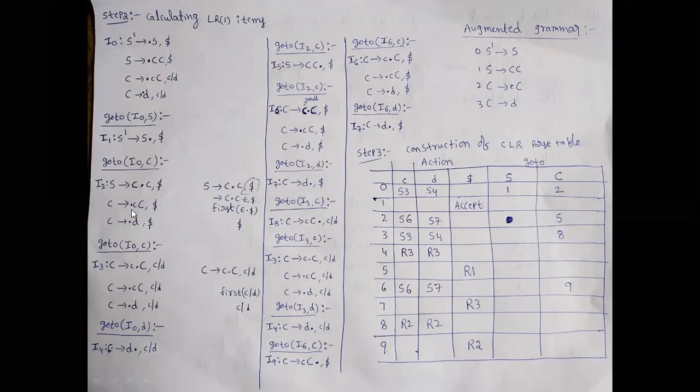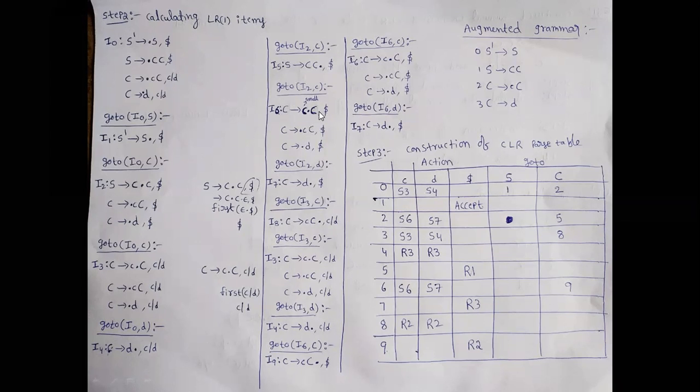Then I2 small c. So we are applying go to of I2 comma small c. The production becomes, we are applying go to on this one. So this dot is moving one position to the right. Then the production becomes C is production with small c dot capital C, and dollar.